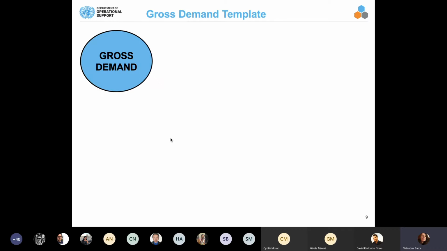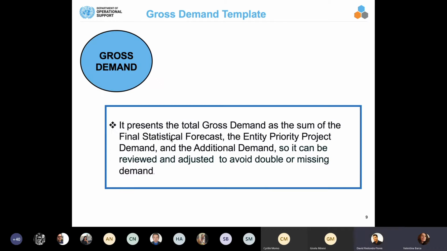So now the gross demand template. What this template does, first of all, is pick up the value of the dollarization, and it will show the value of the gross demand in quantity.